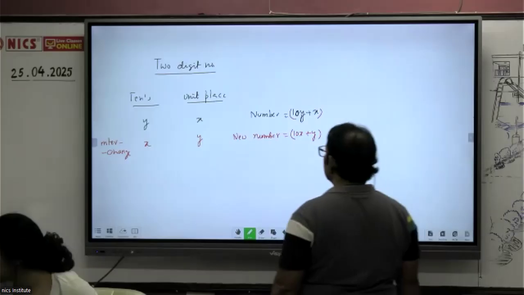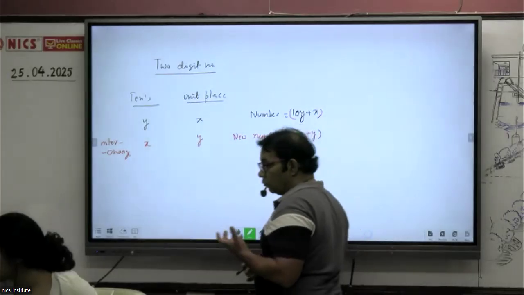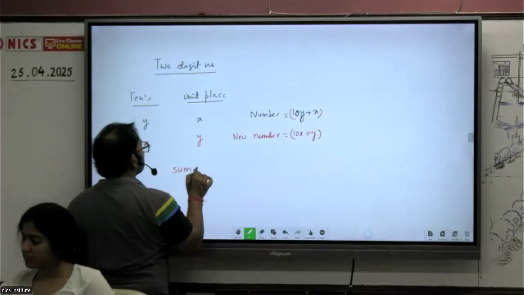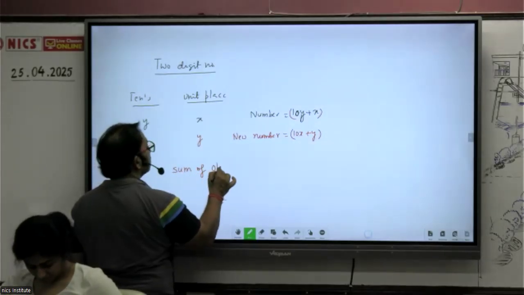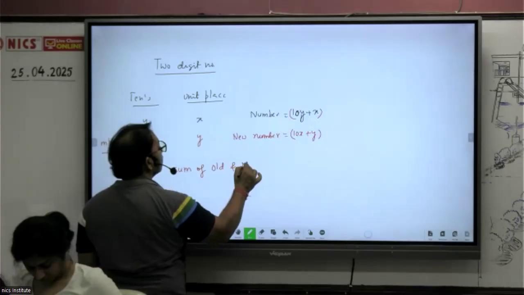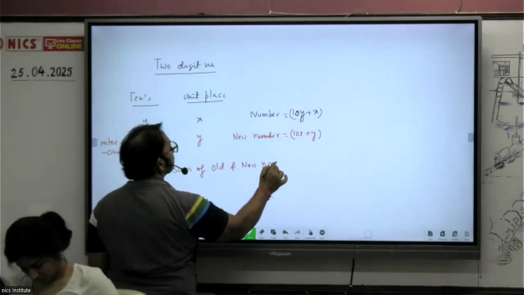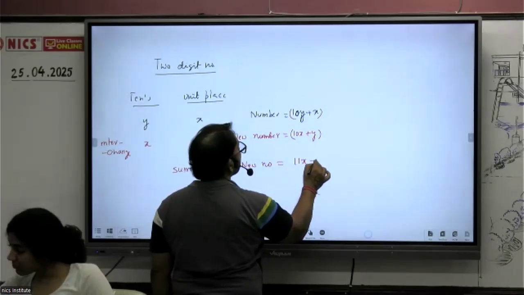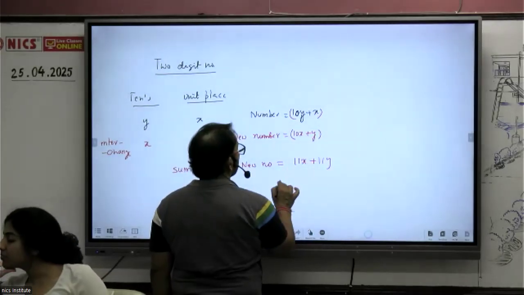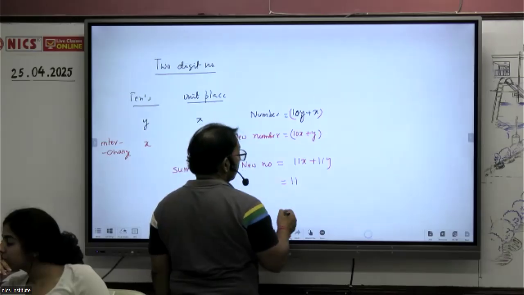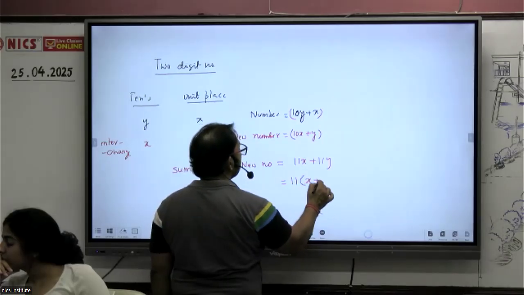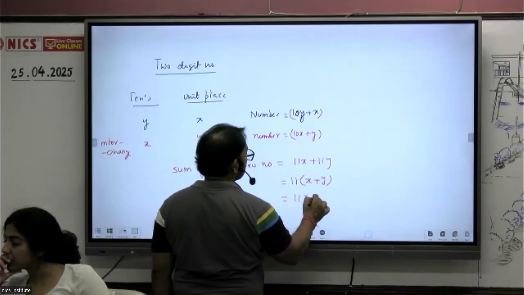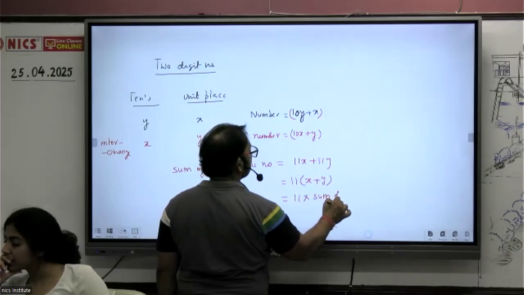So if you find the sum of the new and the old number, what happens? It will be 11x plus 11y. That is, the sum will always be 11 times the sum of digits. Remember this result.